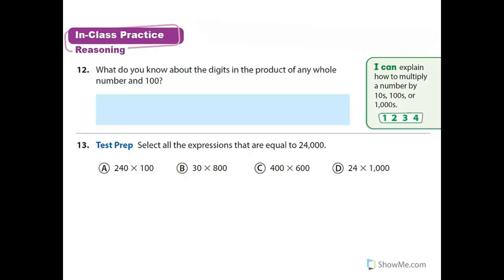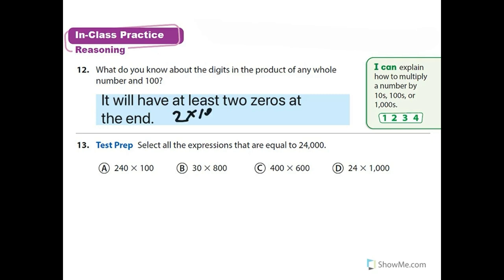All right, moving along. What do you know about the digits in the product of any whole number and 100? It will have at least 2 zeros at the end, right? Because if I'm multiplying it by 2, it's going to be 200, with 2 zeros at the end. But if I multiply it by 20, it's going to have more than 2 zeros at the end.